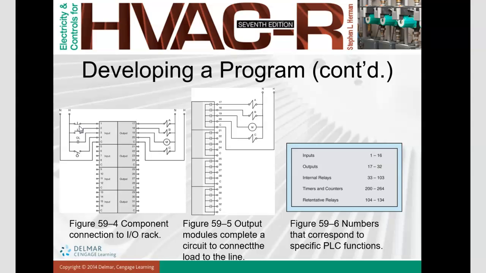We have to push. This is input button. So this switch 1, switch 2, input button, and we have also overload contactor. This is also input, and we also have a float sensor, float switch, also input.